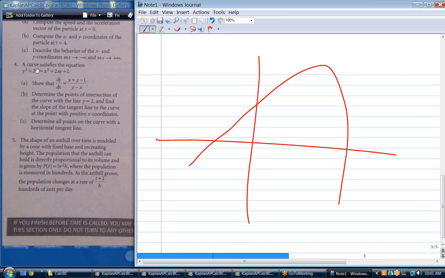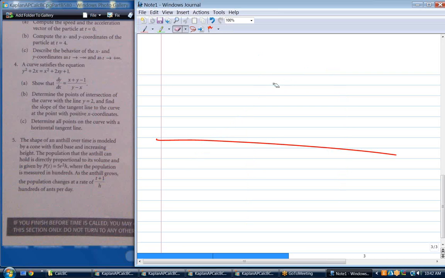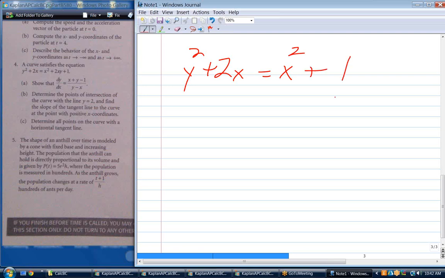Okay. Notice we have a y squared, we have an x squared, we have an x, and we have an xy. This almost fits the equation of an ellipse. And in fact, it would if I take away that xy. If I had just this, y squared plus 2x equals x squared plus 1, that's the equation of an ellipse.